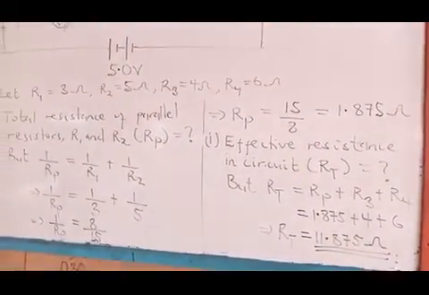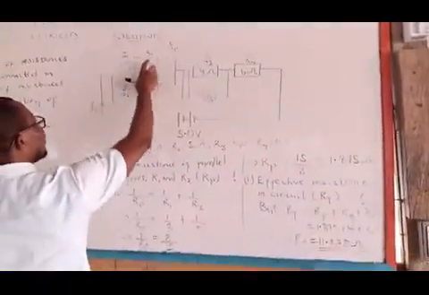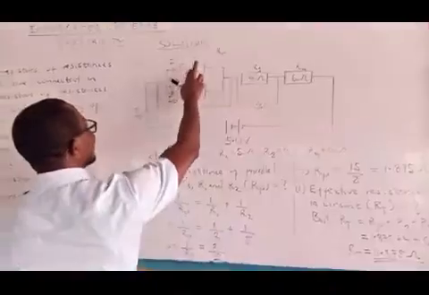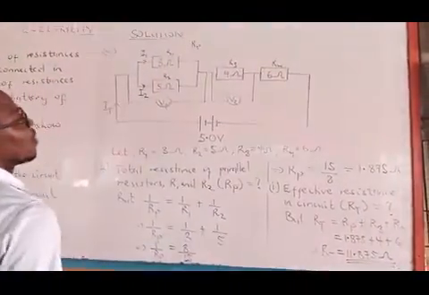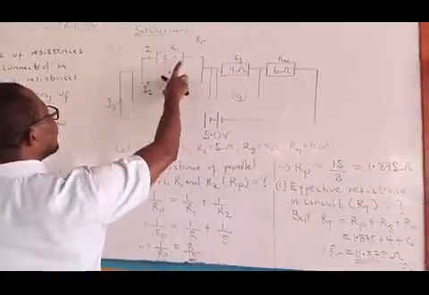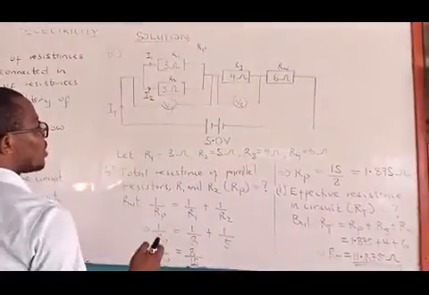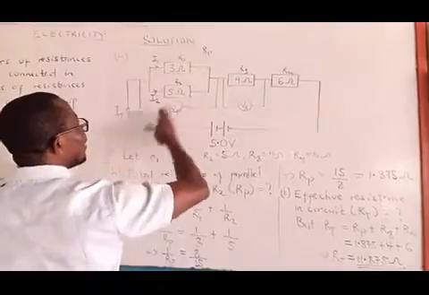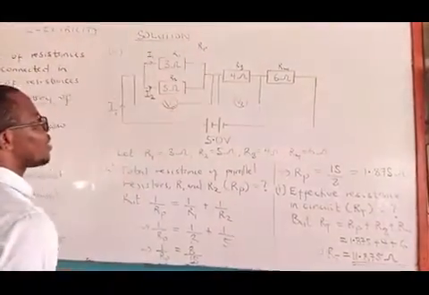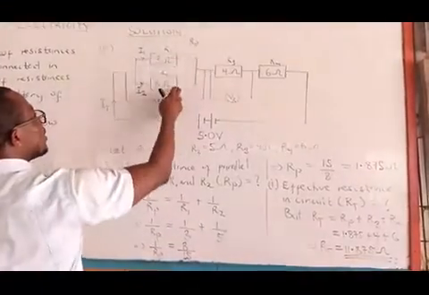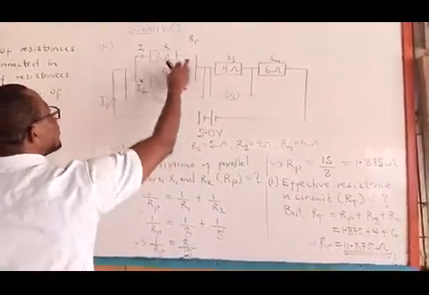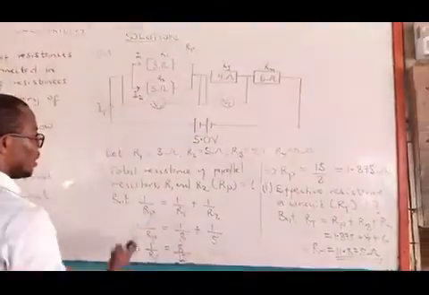Okay, so please, I said if you have a diagram consisting of power resistors which are in turn connected in series with other resistors, you first of all look for the total of the power resistors. After getting the total, then add it to the other resistors that are in series. So that's what we did. We look for the total of this power resistor and label that as Rp.